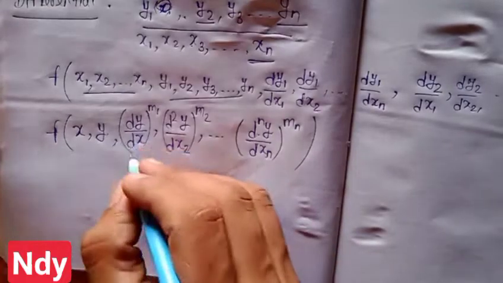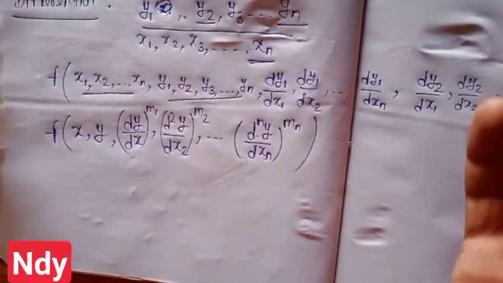So now how do we define a differential equation, what is the order of a differential equation, and what is the degree of a differential equation, and what are called ordinary differential equations, and what are called partial differential equations.